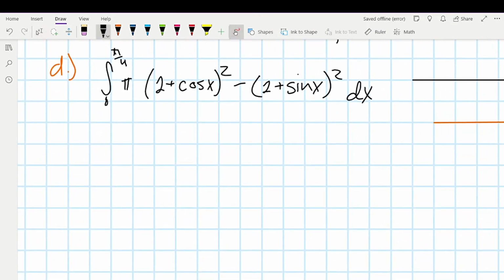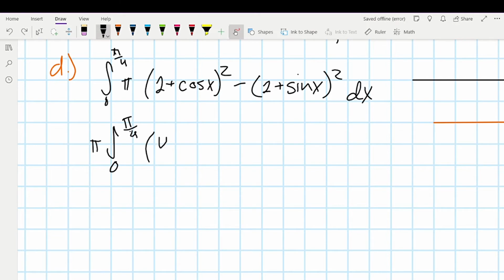So this next step, all I'm going to be doing is simplifying this. So we know it's still from 0 to pi over 4, and we know pi is the constant, so we can go ahead and move it out. And then I'm going to square both of these.